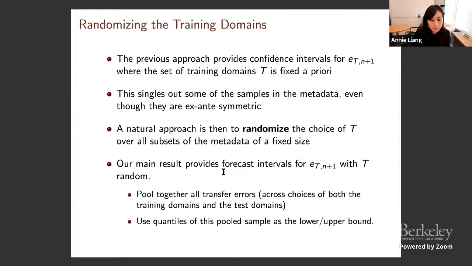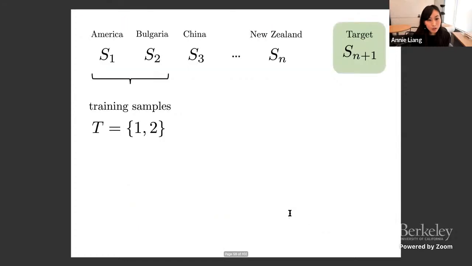And the approach is going to be as follows. We're going to pool together all the transfer errors when we vary both the set of training domains as well as the test domain. And we're going to show that we can use quantiles of that pooled sample as the lower and upper bound for this confidence interval. All right, so let me do that in more detail now.